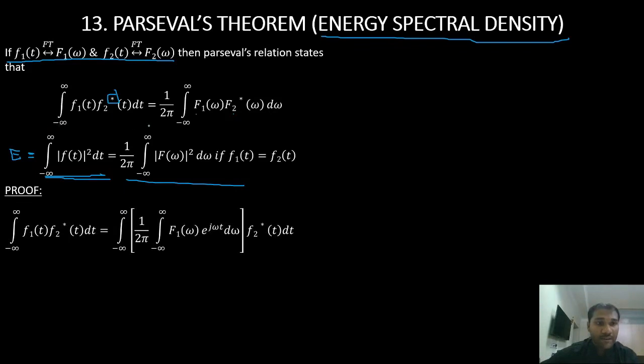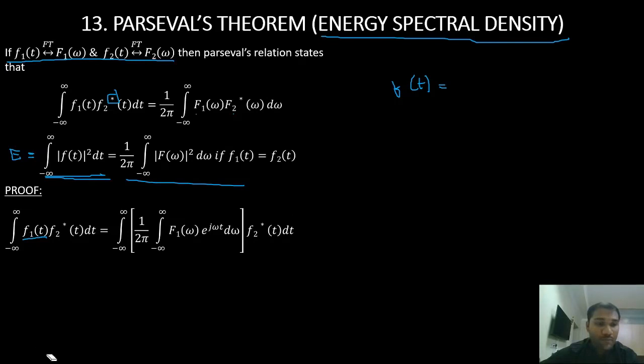We'll take the left hand side. In place of f1 of t, I'm going to substitute the formula for the inverse transform.